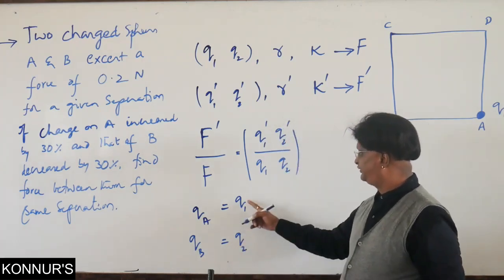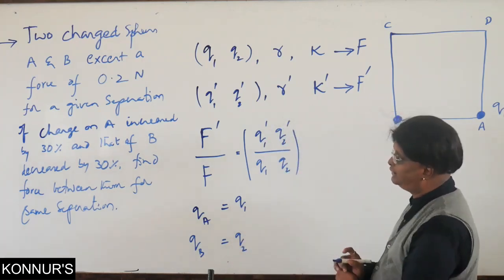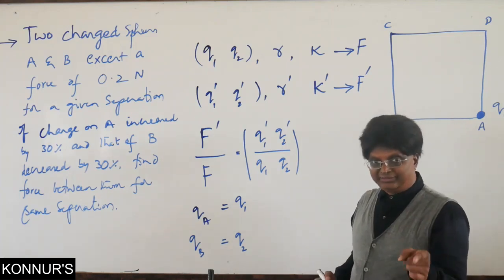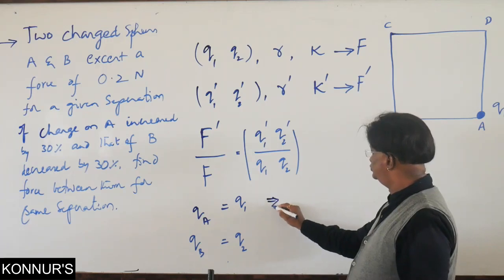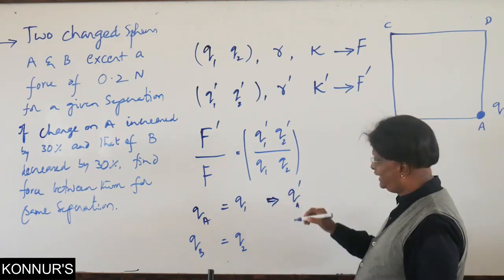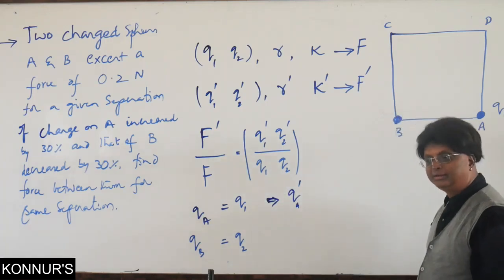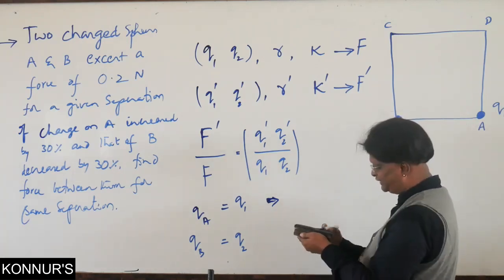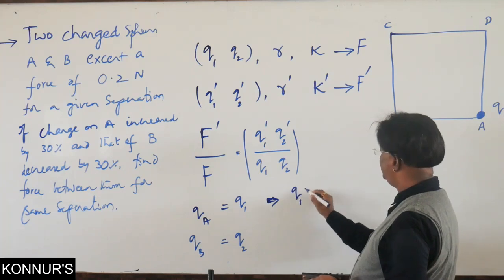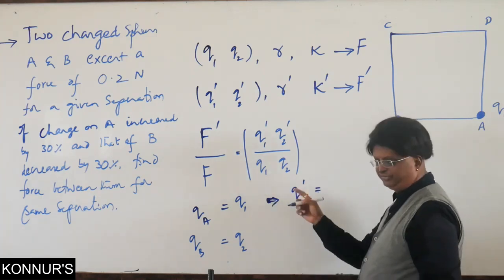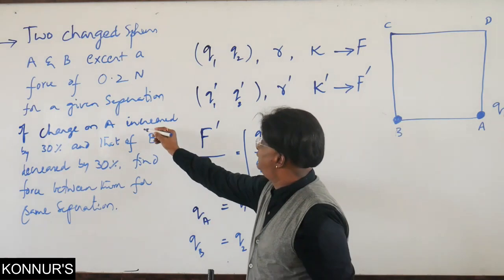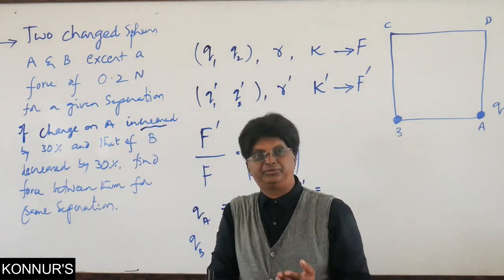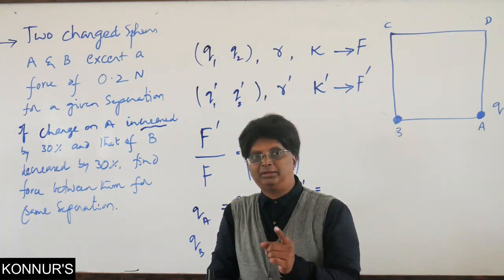Now QA, QB, this is Q1 and Q2. Now what is said? It is said that the charges on A and B change. So the new QA dash, or else I will write it as Q1 dash because Q1 has changed, right? He said increased by 30%. 30% means 0.3, increase means 1 plus.